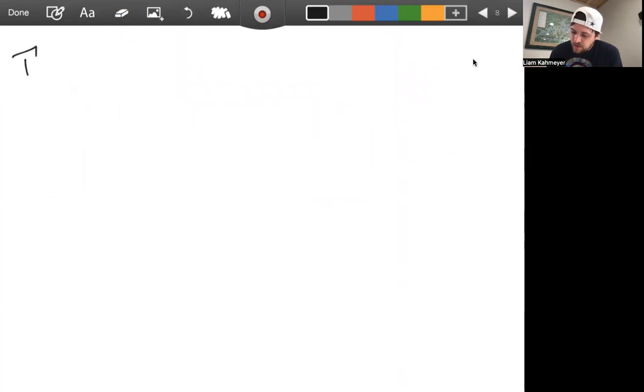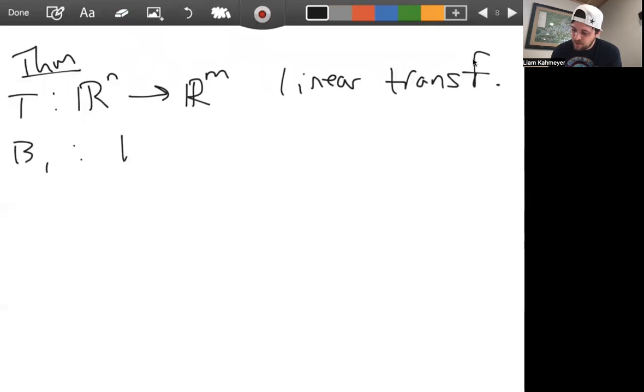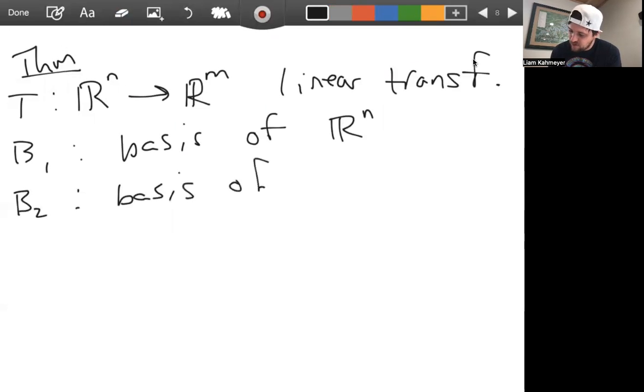Let's look more generally here. If we have a linear transformation T from Rn to Rm, not necessarily of the same dimension, and let B1 be a basis of Rn, and B2 a basis of Rm.